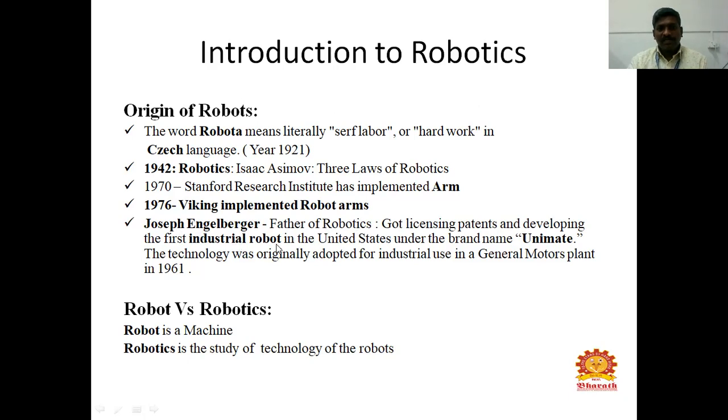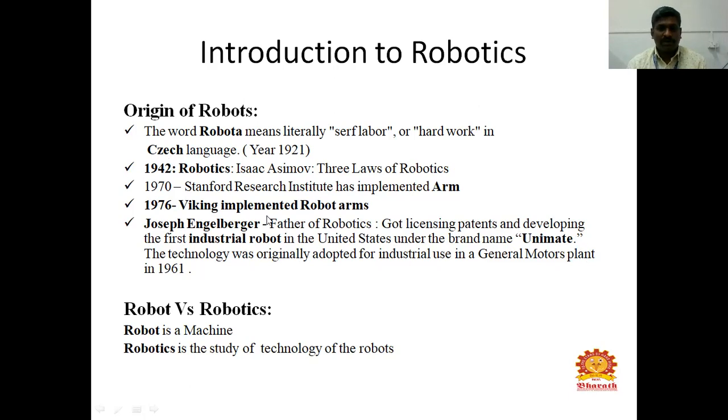The first industrial robot in the United States had the brand name Unimate. The technology was originally adopted for industrial use in a General Motors plant in 1961.